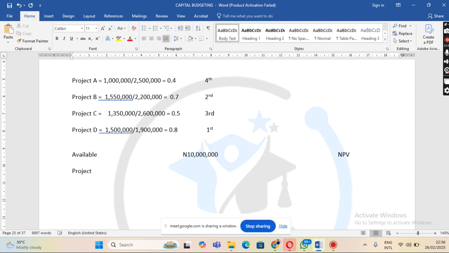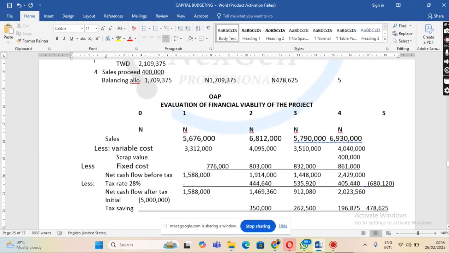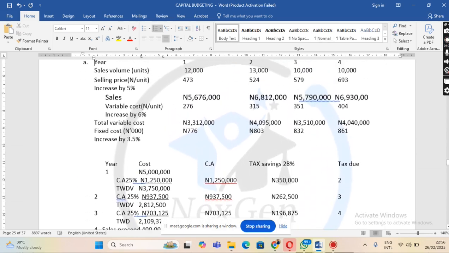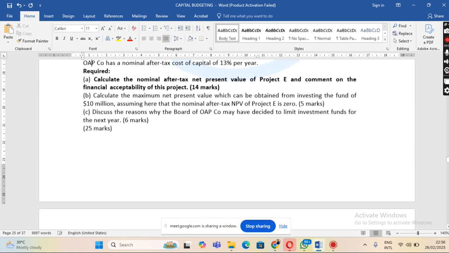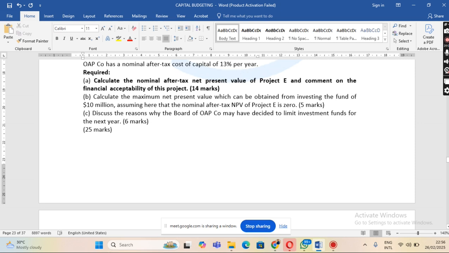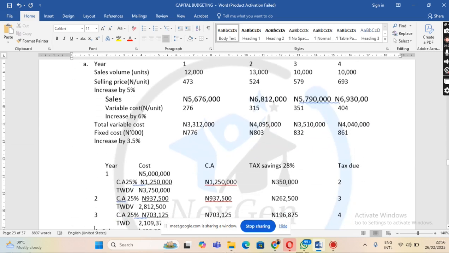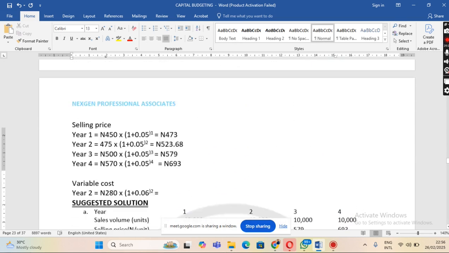Project E, they said it's strategically important, so it must be undertaken regardless of its financial viability. But in the question, let's go back. Calculate the maximum net present value which can be obtained from investing the fund, assuming that the nominal after tax NPV of project E is 0. Is that not so? I'm following the question.